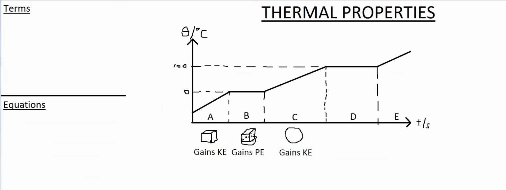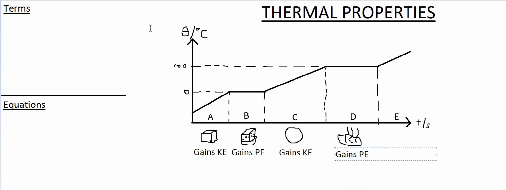So in region D, you have the same puddle of water starting to boil. This is the boiling point of water. So here, like region B, the water molecules are gaining PE as hydrogen bonds between them are completely overcome.